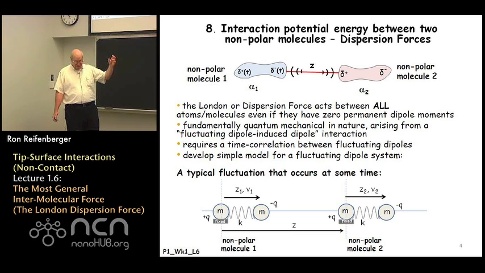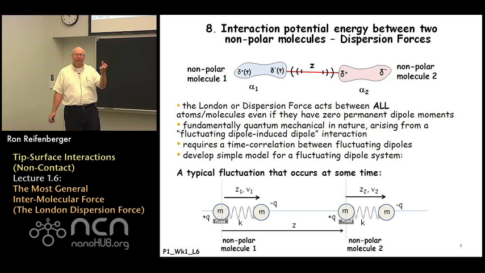It's possible that some of these wave functions at a particular instant in time have maximum values where the charge in that wave function is localized in one region of the atom or molecule. If that occurs, that region is going to be slightly negatively charged for a short instant in time. That implies the other end of the atom or molecule is going to be positively charged for that instant.